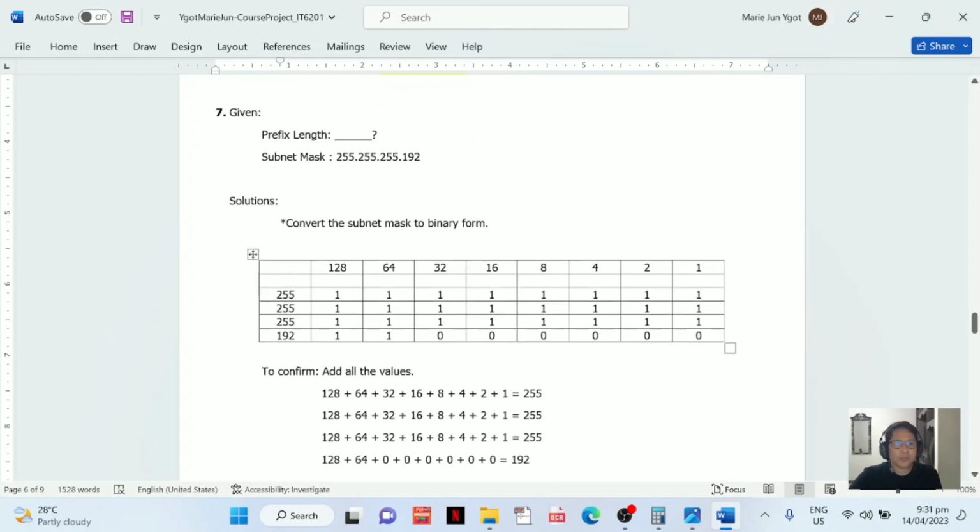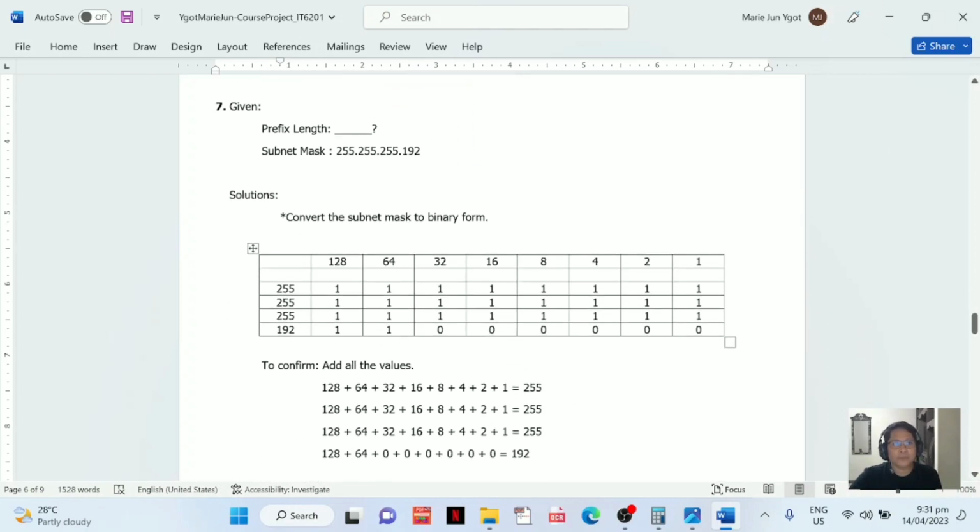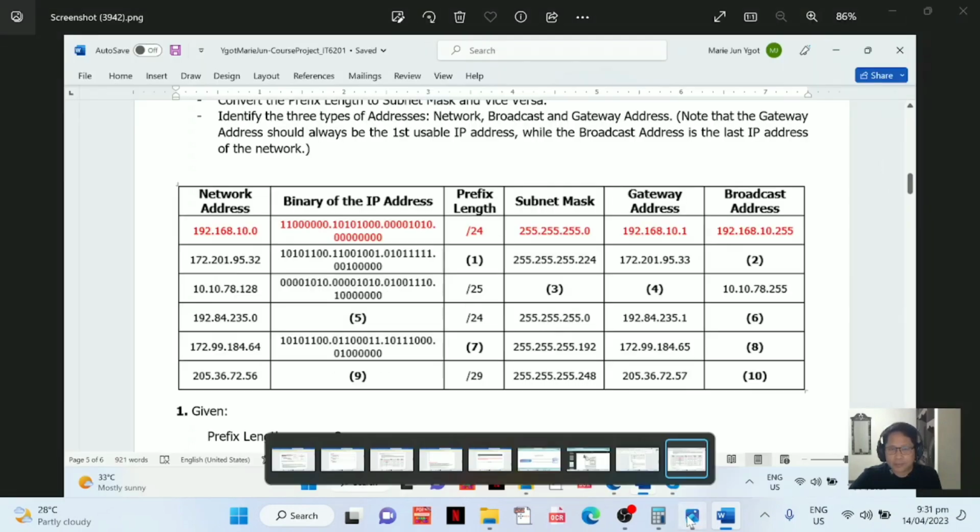Now let's move on to our seventh problem. So our seventh problem would be, we're going to find the prefix length. So again, in order to get the prefix length, we need to know the subnet mask, which is 255.255.255.192.